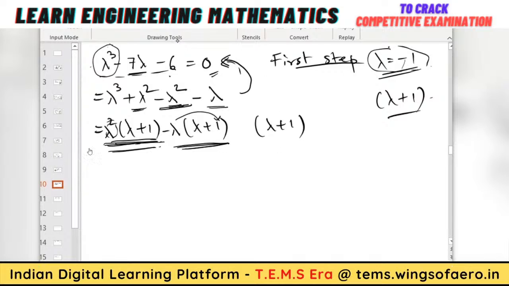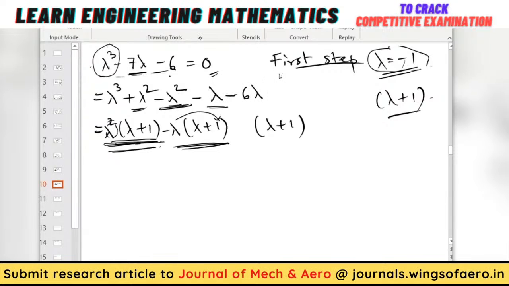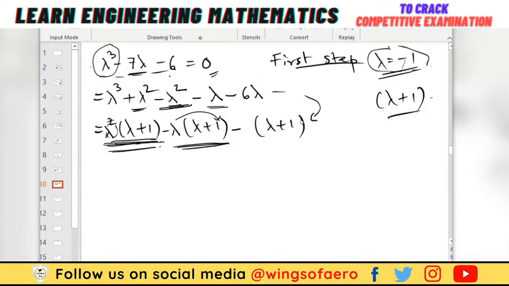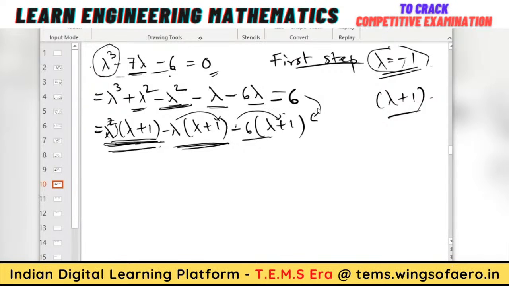So what is the term you should add or subtract from here to get minus 7 lambda? Minus 6 lambda, sir. Again you need to balance it from here. So what is the term you should multiply or add here? Minus 6. So minus 6, you already found minus 6. This minus, this plus, it is minus 6.